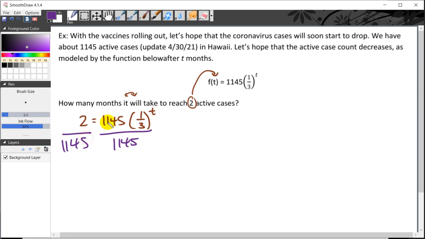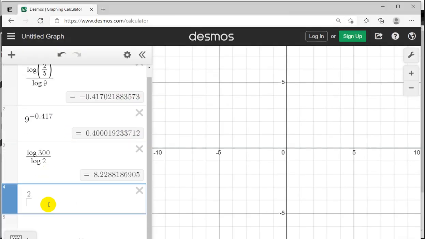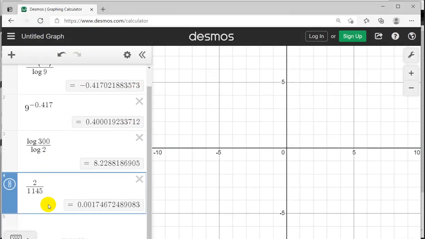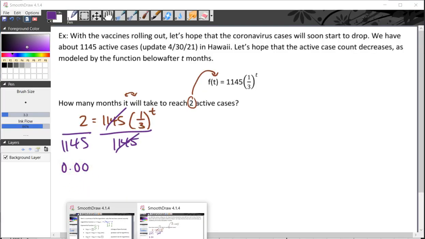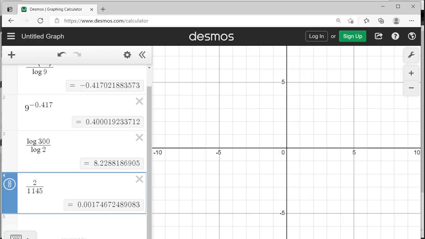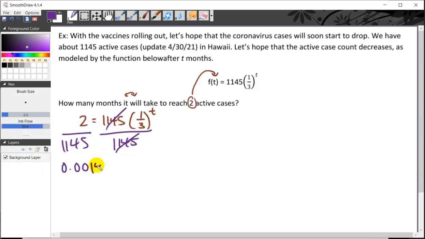This cancels. 2 divided by 1,145 is going to be 0.001746, and I don't even know if I need to keep that many decimal places. We'll say 0.001747 equals 1/3 raised to the power of t.